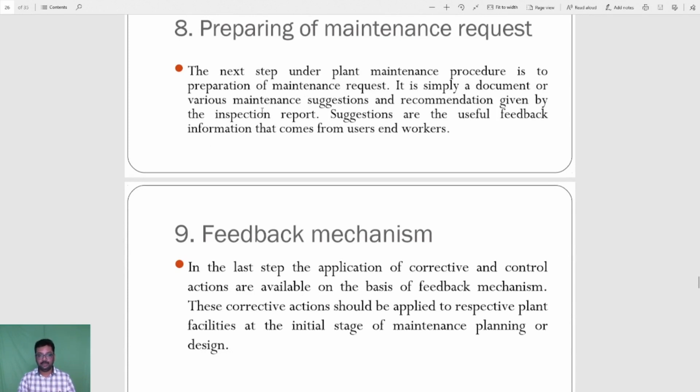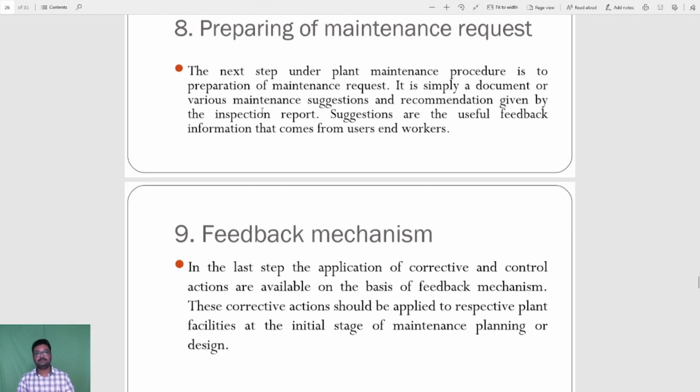They give that report to the certain area, and they will look for development. Then the feedback mechanism, where the maintenance engineer or maintenance team gives information about the process. Based on that, we have some plan for improvement.